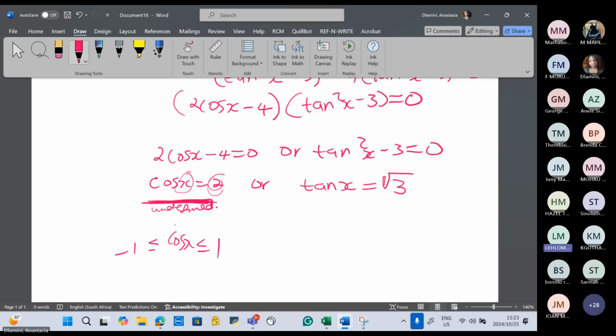I'll put x, then the derivative of x is minus 1 over the root of 1 minus 1. Therefore, it will give me 0. Then it shows that it's undefined.